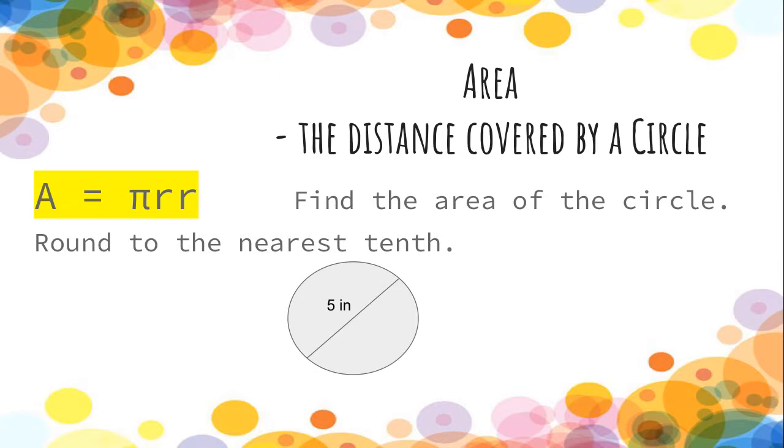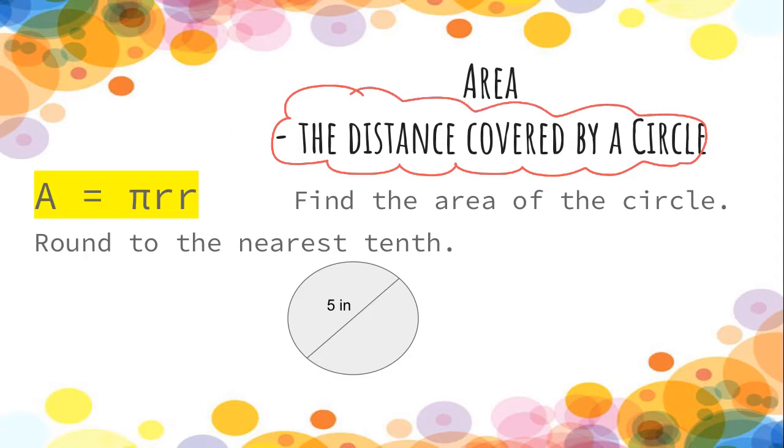So we are still dealing with area, the distance covered by the circle, so what's inside the gray part. We're still using the same formula. Area equals, I'm going to use 3.14 for pi, times the radius. Oh, I've got a problem here. I didn't give you the radius, I gave you the diameter.